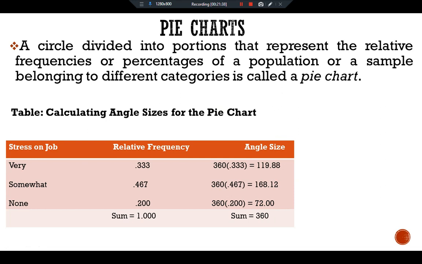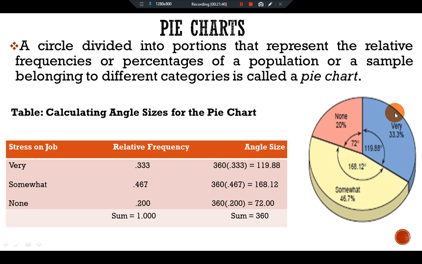We have highlighted here that the pie represents the whole circle. With the help of protractors, we get the angle size of each category, and for the pie chart for the percentage distribution, we use the angle sizes calculated.